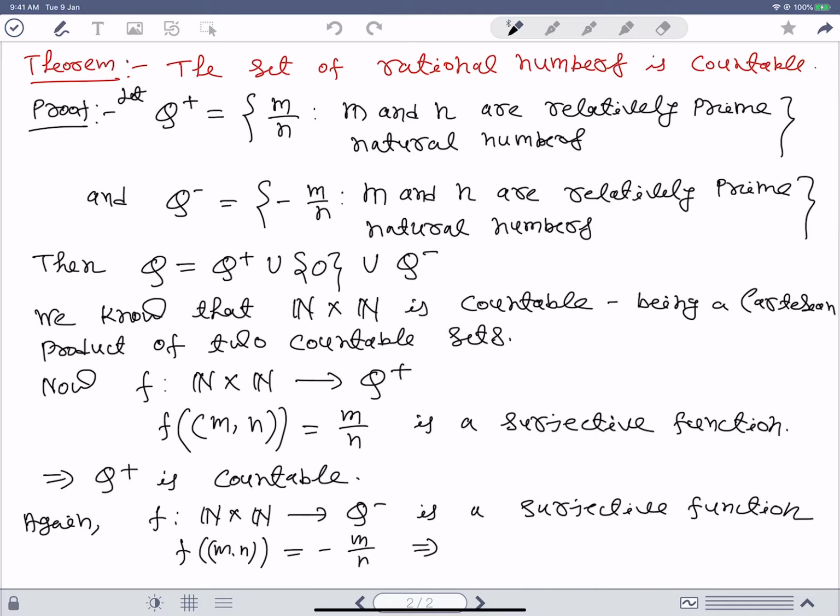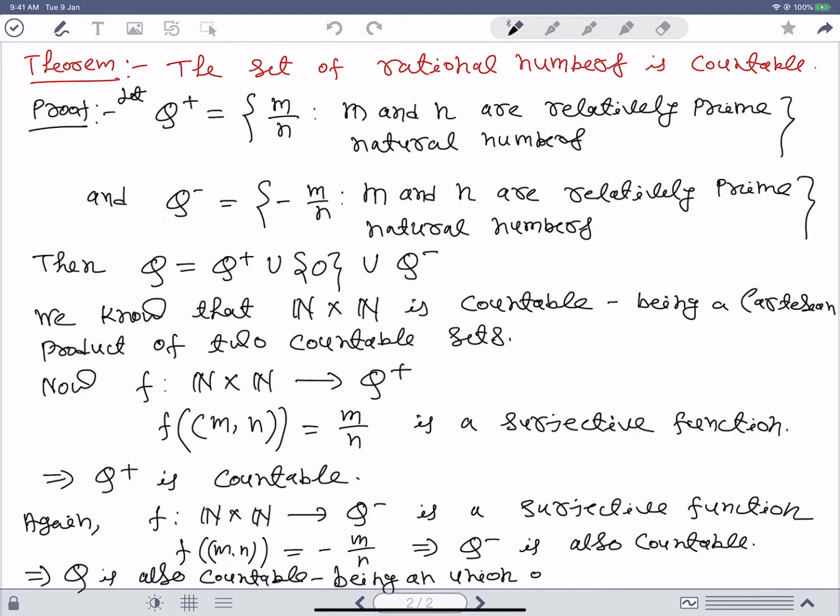Now that implies Q minus is also countable, right? Therefore Q is a union of three countable sets, hence Q is also countable. We can write here, being a union of three countable sets. Fine.